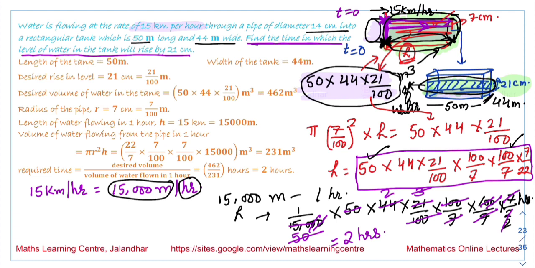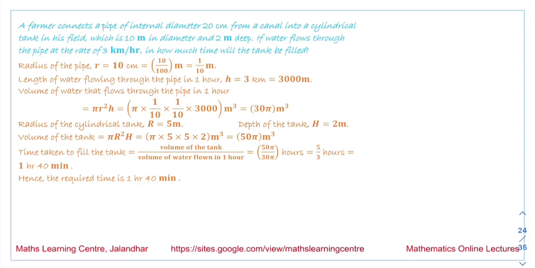Now the next question we have is that a farmer connects a pipe of internal diameter 20 centimeter from a canal into a cylindrical tank in his field which is 10 meter in diameter and 2 meter deep.